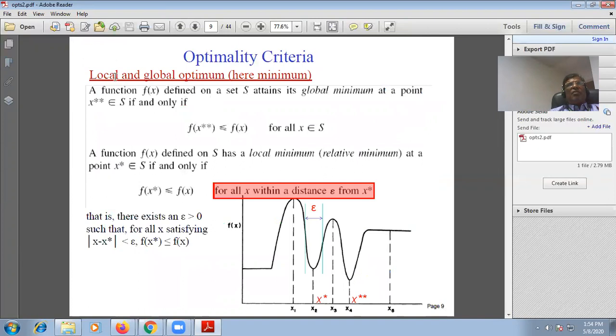Then this is called global minimum. And local minimum is what? If you are writing like this, this value is local minimum. So you should note what is local and what is global optimal. Here optimum means minimum.